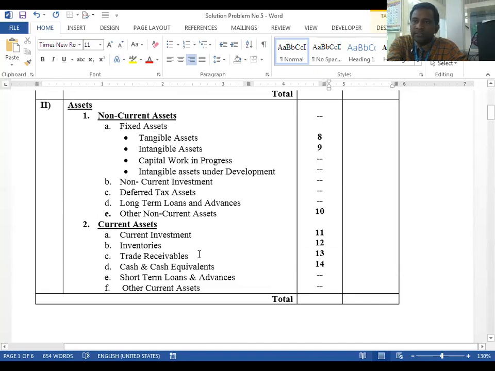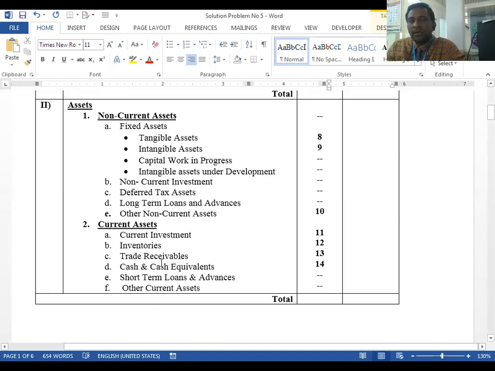No, debtor is not related to investment. Is it inventory? No. Is it cash or cash equivalent? No. Is it short-term loan or advances? No. Is it other current asset? Yes, but a separate heading is given under the current asset, that is trade receivable.